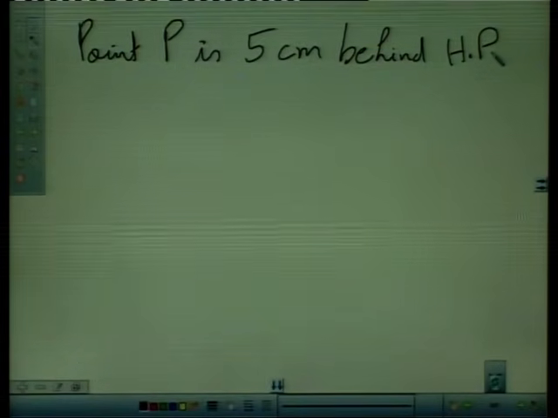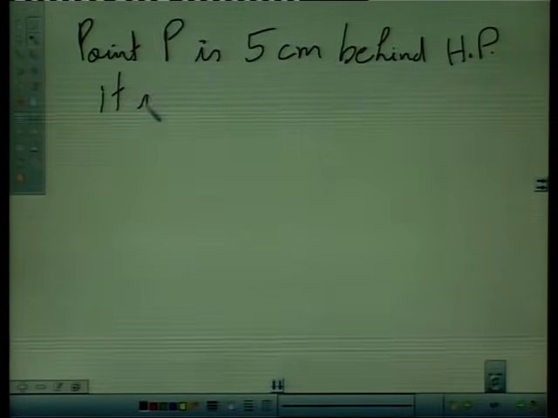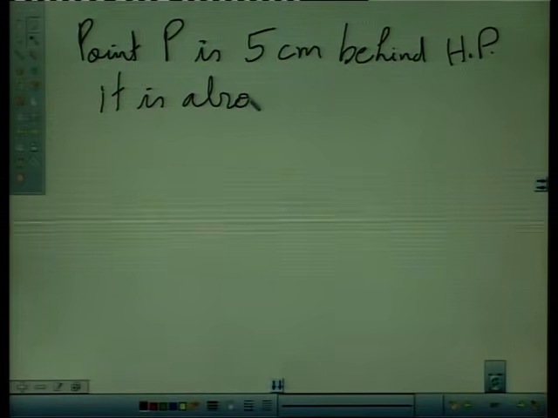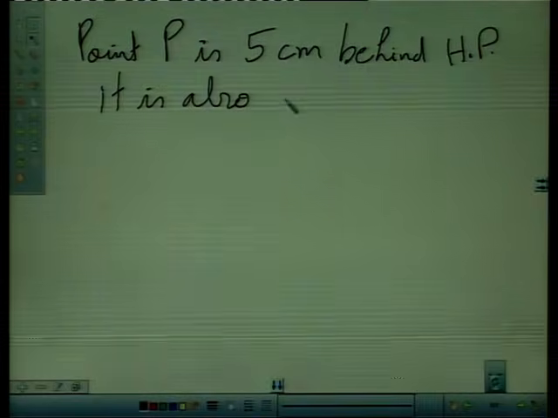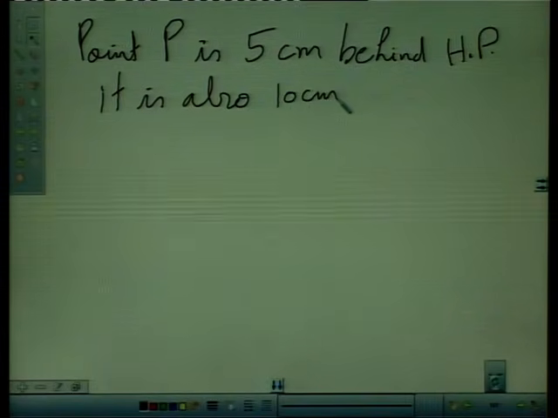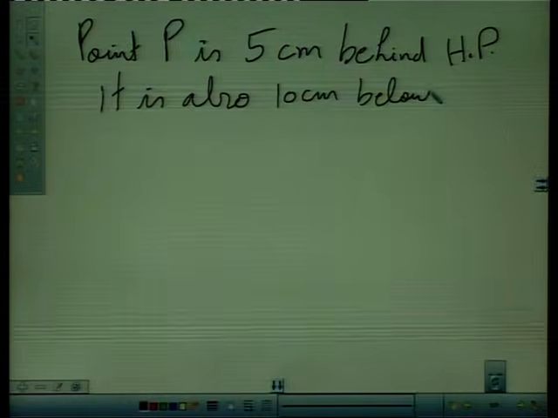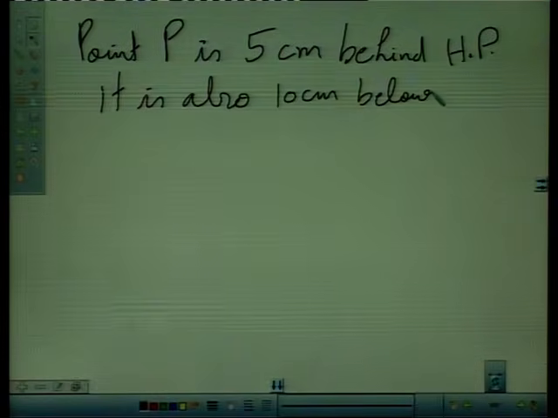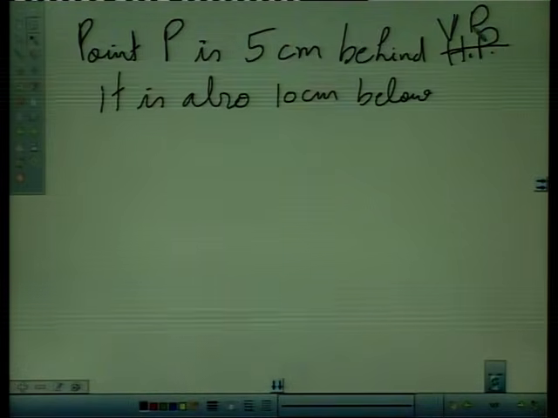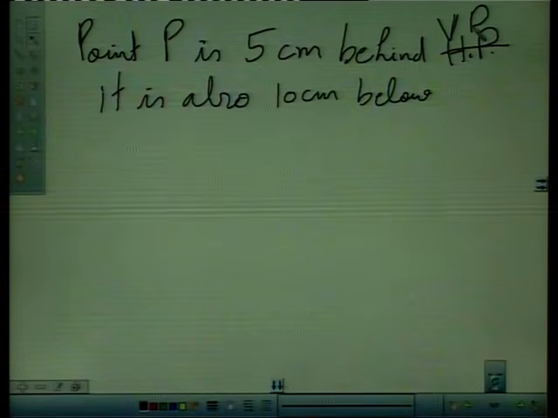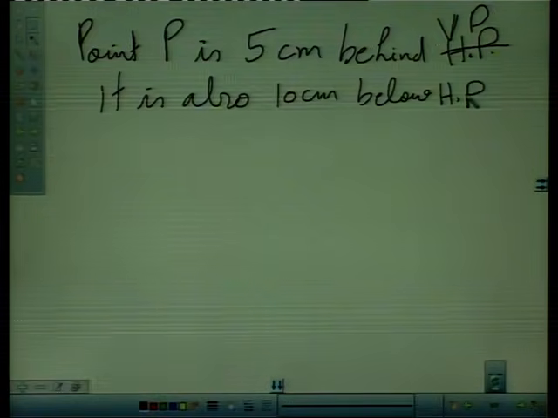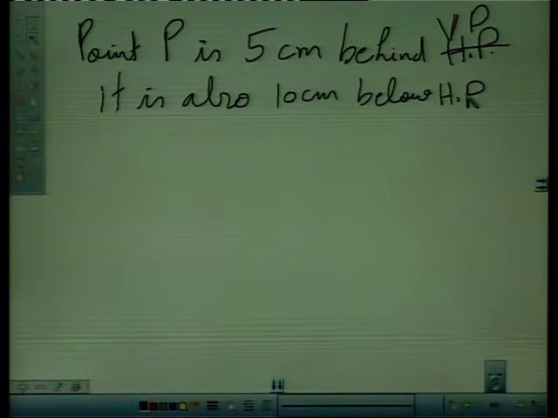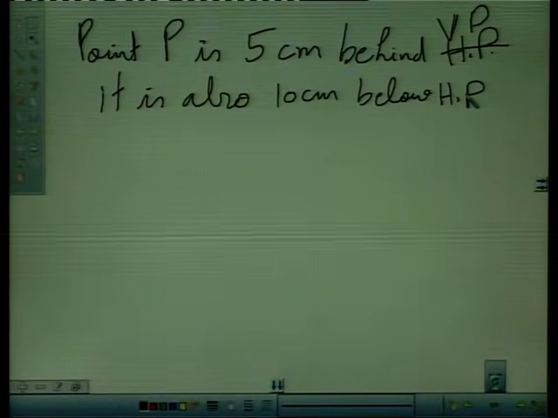Second part of the statement is it is also 10 centimeter below, sorry, 5 centimeter behind vertical plane, and it is also 10 centimeter below horizontal plane. Point P is 5 centimeter behind vertical plane. It is also 10 centimeter below horizontal plane.